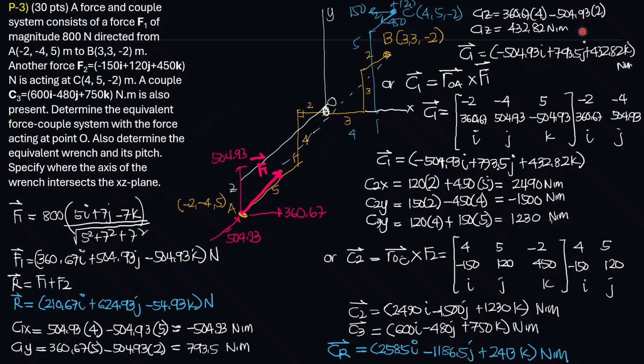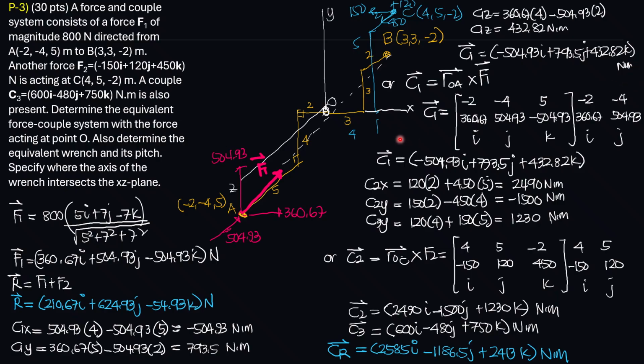The answer is positive 432.82 Newton meter. So couple one, due to F1, is equal to negative 504.93i plus 793.5j, plus 432.82k Newton meter.